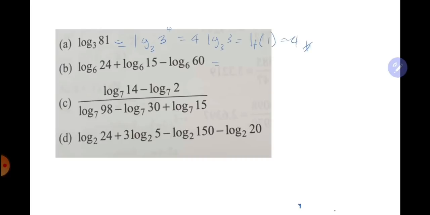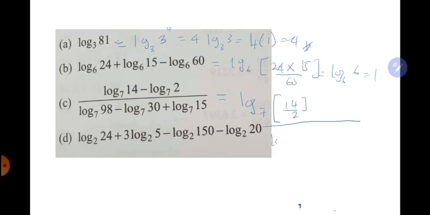Okay, now what about this one? You have base 6 for everything, so you have log 6 of 24 times 15 divided by 60, so you get log 6 base 6, which is 1. Now this one we can simplify. On the numerator, 14 over 2, which is 7, divided by, on the numerator, log 7 of 98 divided by 30 times 15.